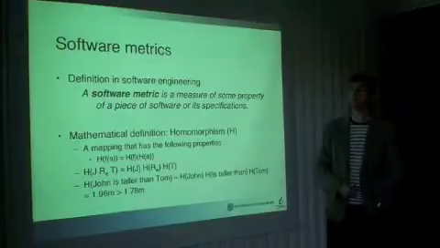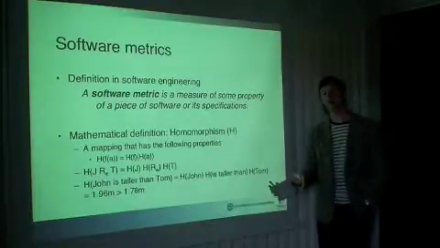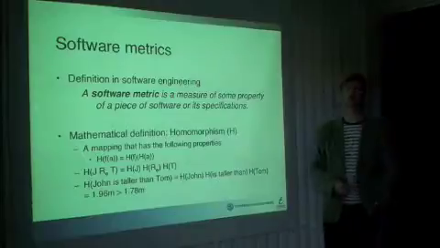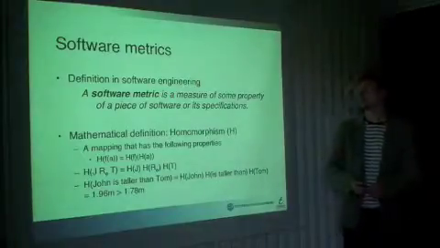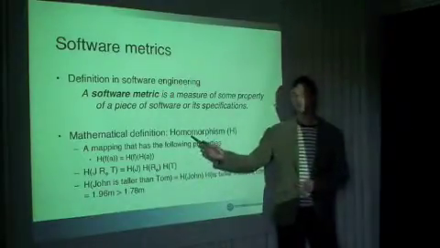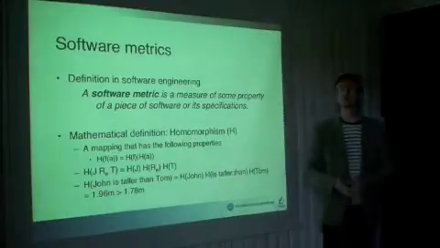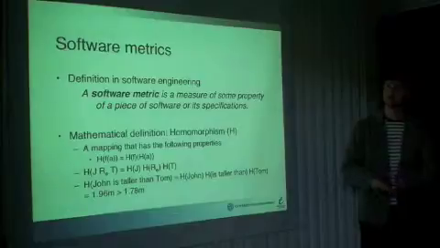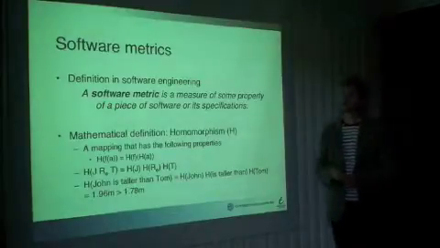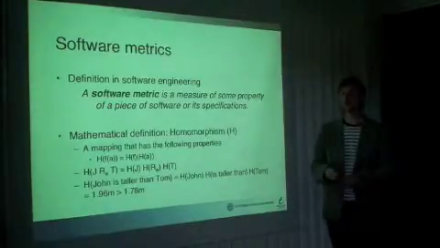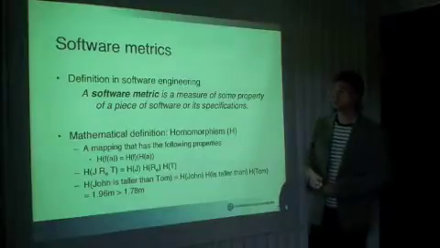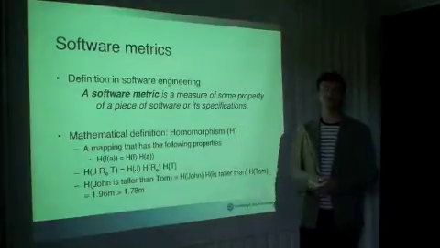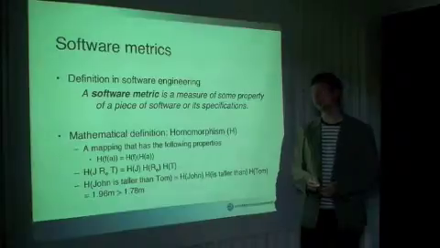On the other hand, there exists a whole mathematical theory behind measurements, which is called measurement theory, and there a software metric is defined as a specific kind of function or relationship, which is called a homomorphism. Suffice to say that this homomorphism has a specific property. That property means that anything that we observe in the real world has to be observed in the mathematical world as well.